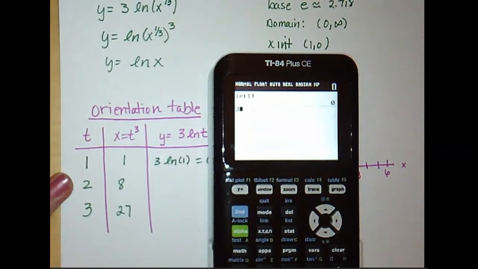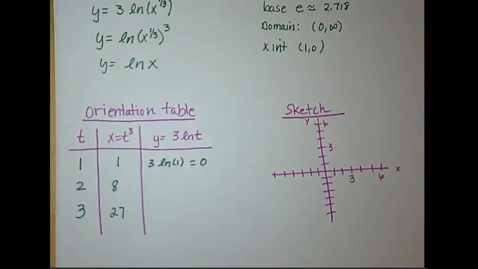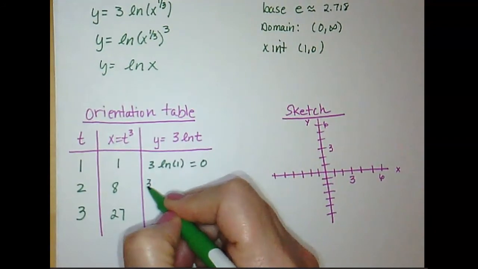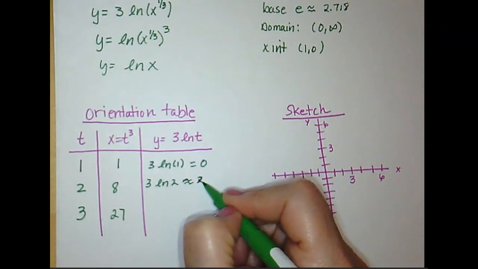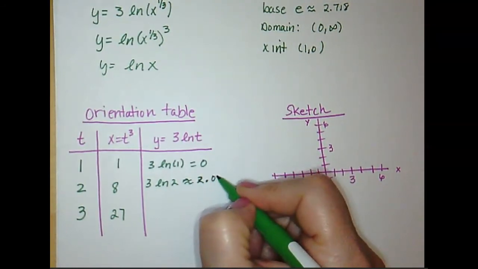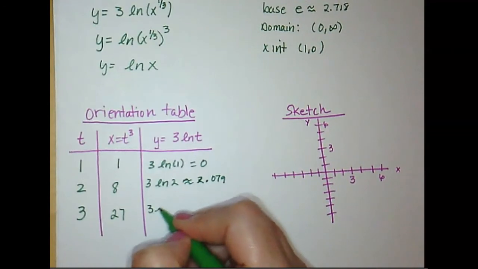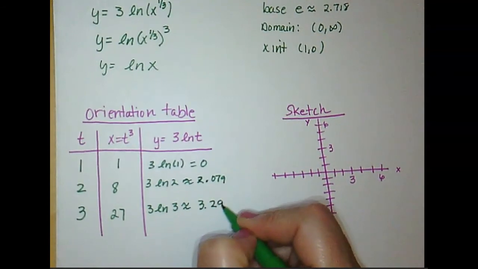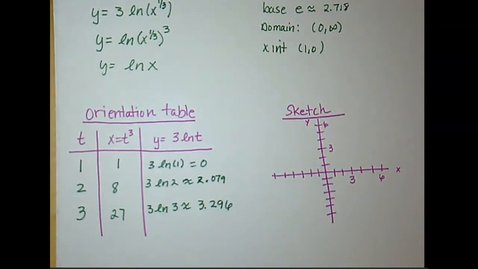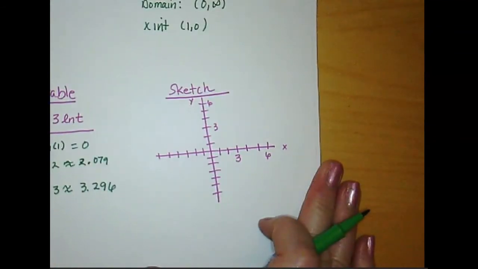Now we can do 3 natural log of 2 and 3 natural log of 3. So I've got some decimals to put in there. 3 natural log of 2 is approximately 2.079, and 3 natural log of 3 is approximately 3.296.